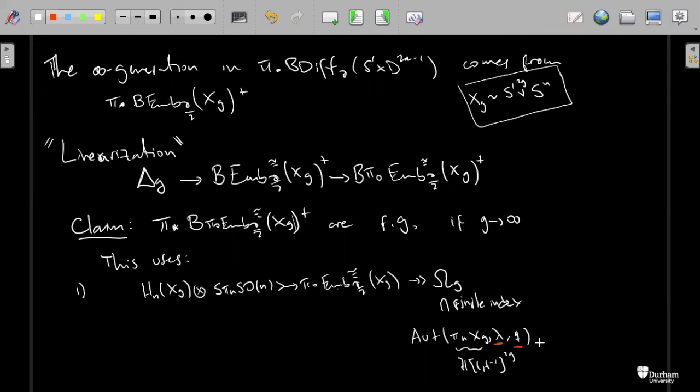In the end, you can just think of it as some unitary group. This is some group of matrices that I'm calling U sub g, which preserve some bilinear form and some quadratic form. In some cases, this coincides with the symplectic group over that ring. Okay, so you have this extension, and that is the first thing one should prove.